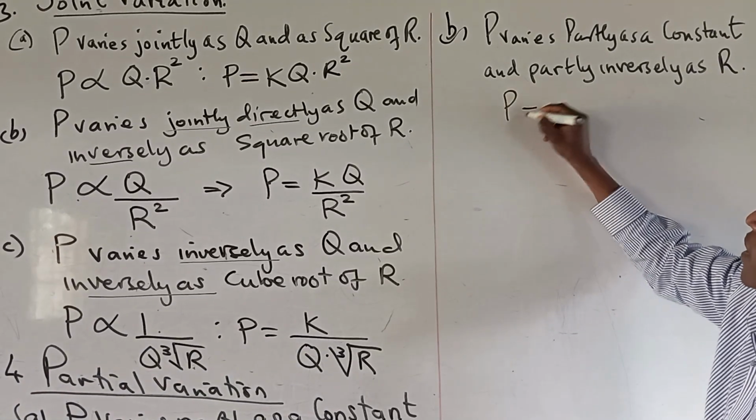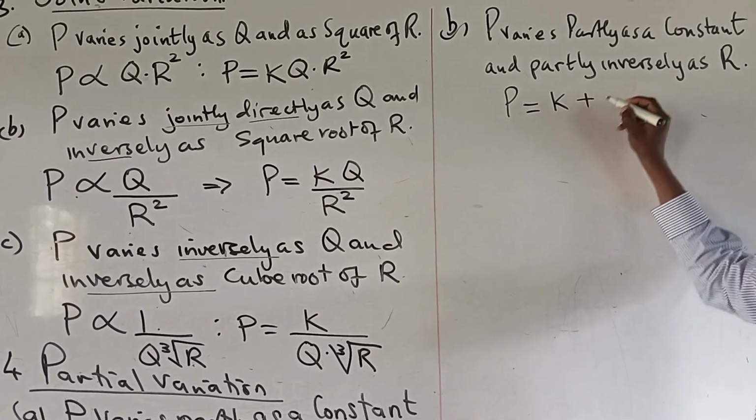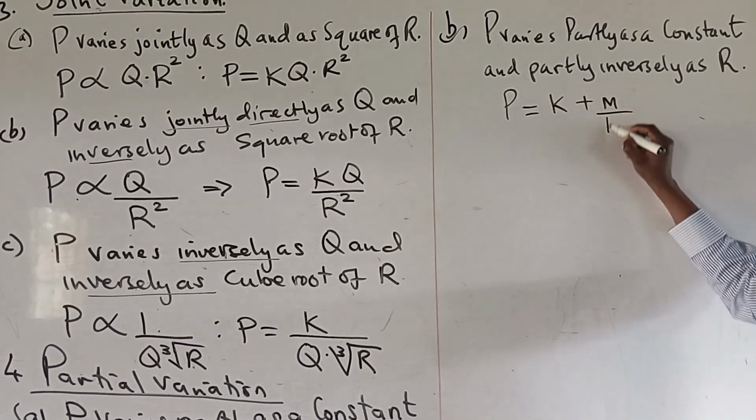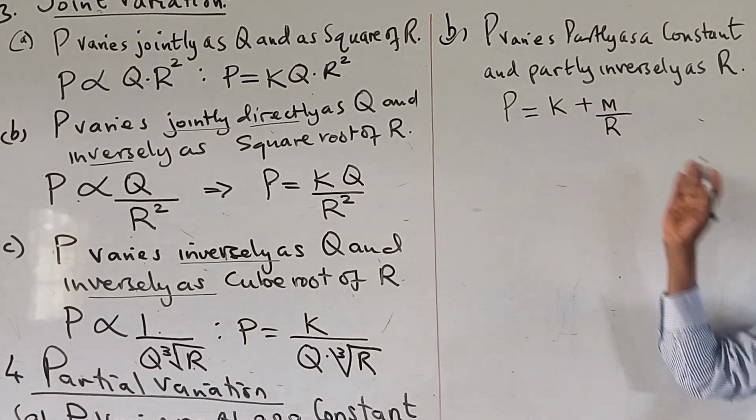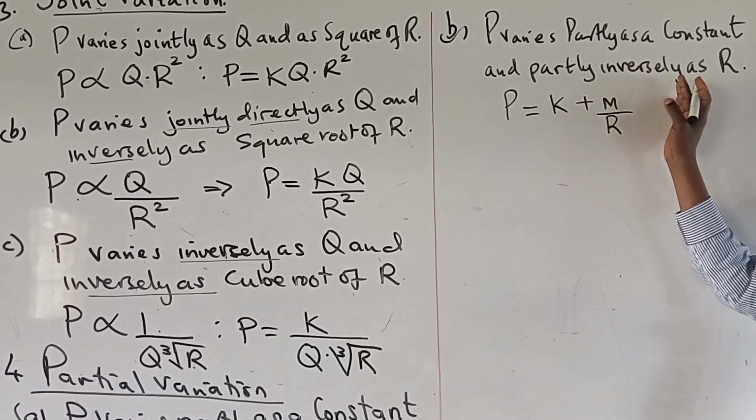We say P is equal to, it varies partly as a constant and inversely as the variable R. So we have part constant, part inverse.